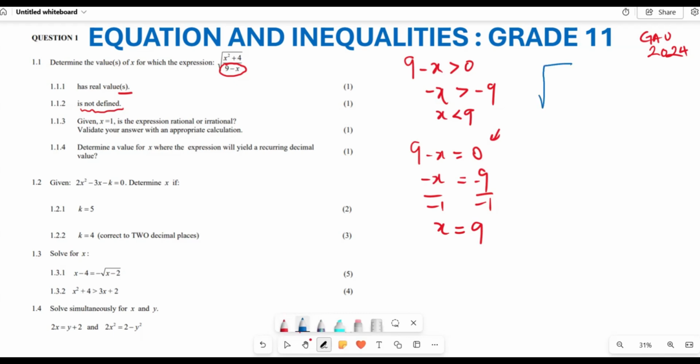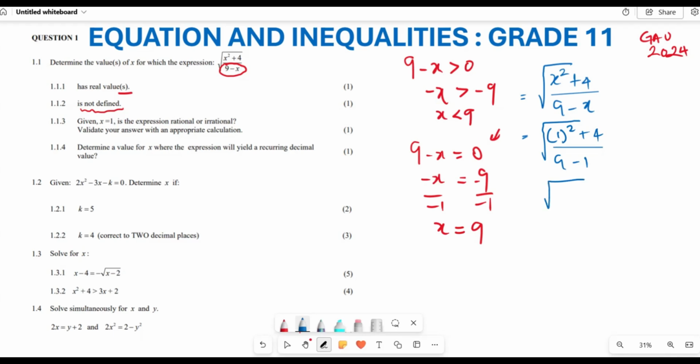Remember, this was the square root of x squared plus 4, divided by 9 subtract x, right? Now, this is the same as the square root of 1 squared plus 4, divided by 9 subtract 1. Remember they said x is equal to 1.